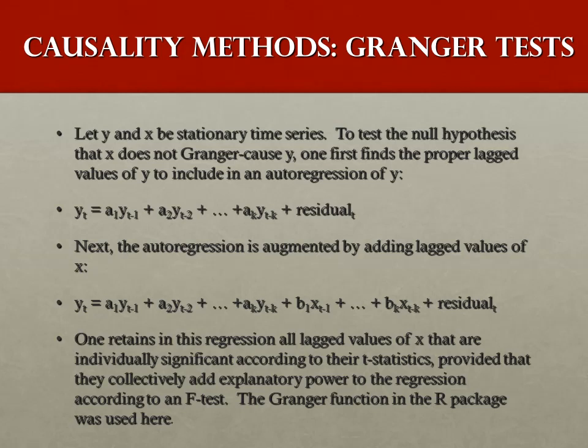You do a standard statistical test to see if adding the second series data improves your prediction results by having a lower variance. The Granger function, as built into the R statistical package, which is open source statistical software, was used here.